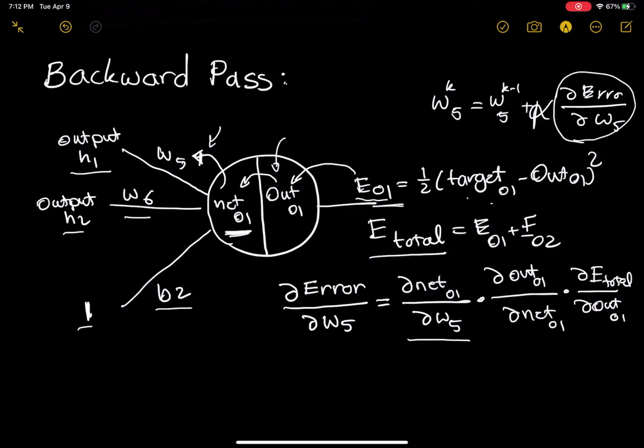But I know all these dependencies here. I know that net of O1 has dependency on W5. That is clear, that's how I calculate net of O1. Output has dependency on net O1. That's clear, because output is calculated by using the sigmoid function when I pass net of O1 to that.